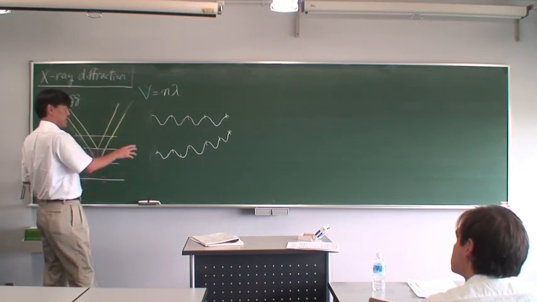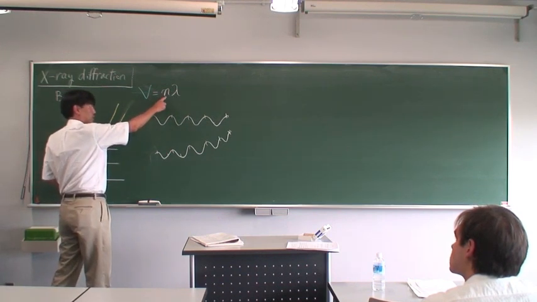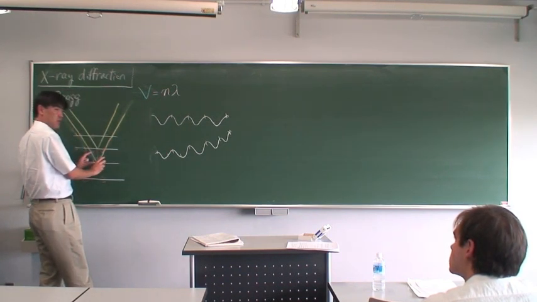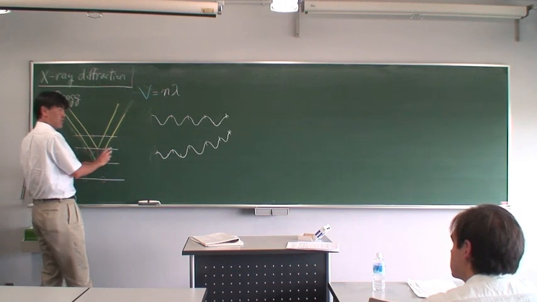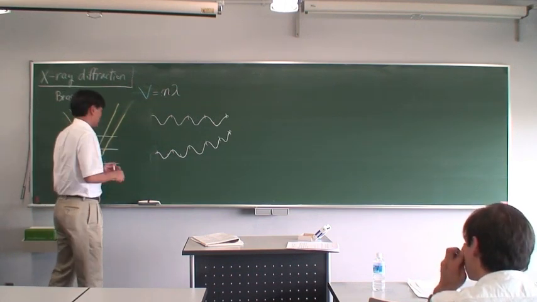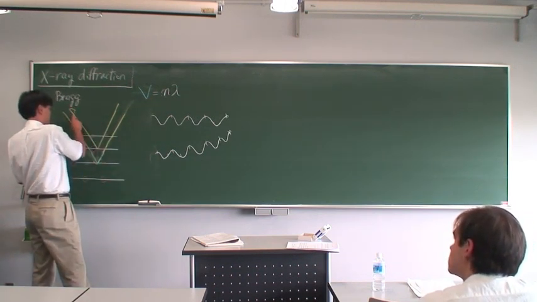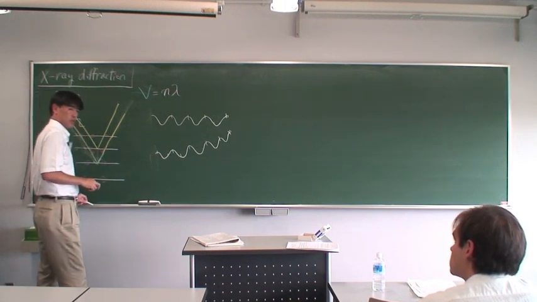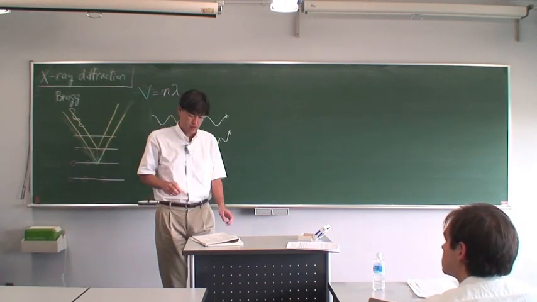But for this to happen, this path length has to be an integer multiple of the wavelength that we are shining. Okay? So that's Bragg's law.